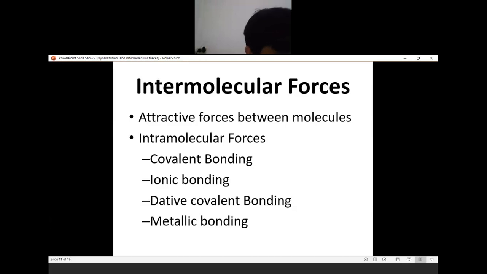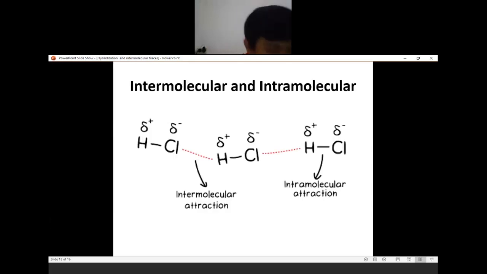Intra is inside. So intramolecular forces, there are three: covalent bonding, ionic bonding, and metallic bonding. Also dative covalent bond that we started yesterday. I hope you still remember the meaning of covalent, ionic, dative covalent bond, and also metallic. This is the difference between intermolecular and intramolecular.